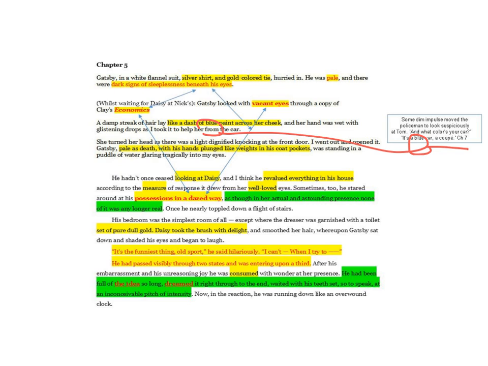All these items he acquired becomes revalued according to the measure, still monetary language, of amounts and quantities, of the response it drew from her well-loved eyes. Now we'll see a later quote where Daisy becomes extra or more desirable to the young J. Gatsby because many other men have pursued her and tried to obtain her.